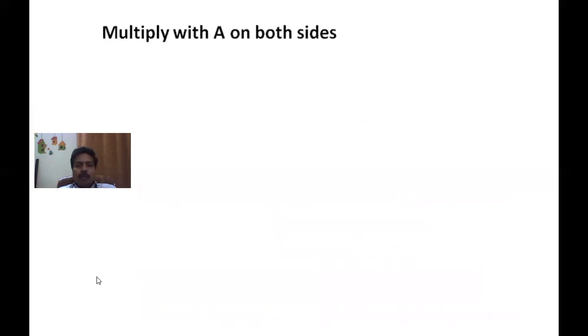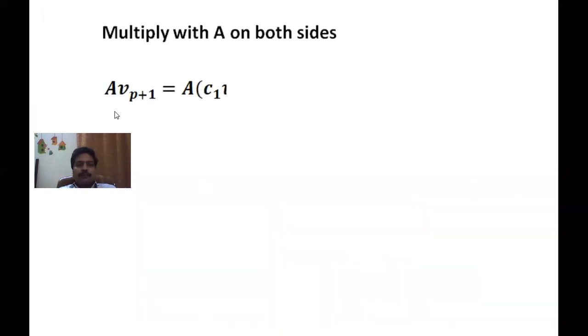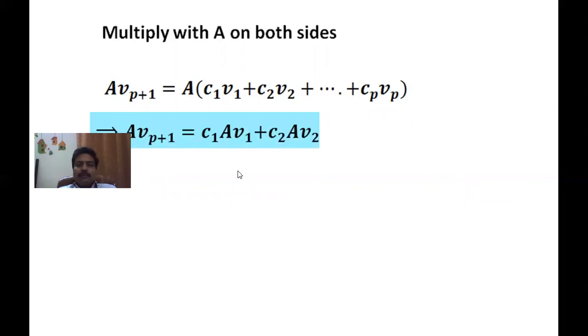Multiplying with A on both sides. So we can multiply equation number 1 with A on both sides, so that we get A times V(p+1) is equal to A times this linear combination. That is what is written here. So A V(p+1) is equal to A times (c1 v1 + c2 v2 and so on plus cp vp).